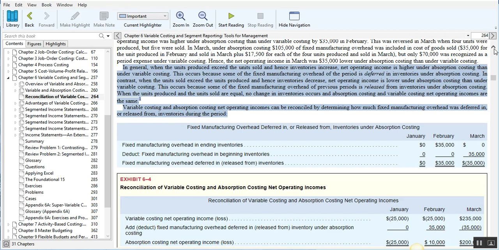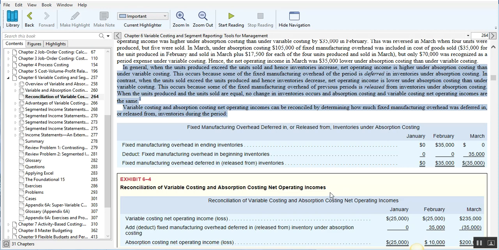So variable costing and absorption costing net operating incomes can be reconciled by determining how much fixed manufacturing overhead was deferred or released from inventories during the period. What that means is basically, like in the example we looked at first, if a unit was manufactured in February but not sold until March, you're deferring that cost for that unit. So we're going to think about that here.